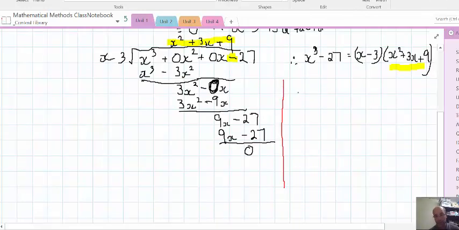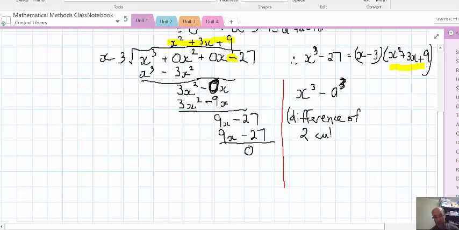This result shows an important pattern, and this is the special case we're talking about in this video. If you have x cubed minus a cubed, which has a special name, it's called the difference of 2 cubes, because you have one cubed thing minus another cubed thing.